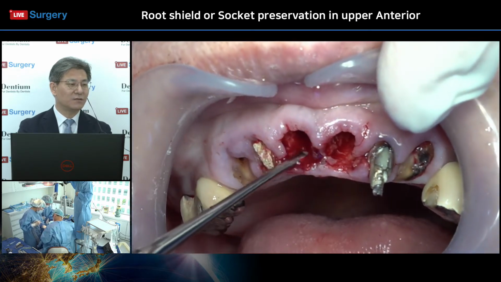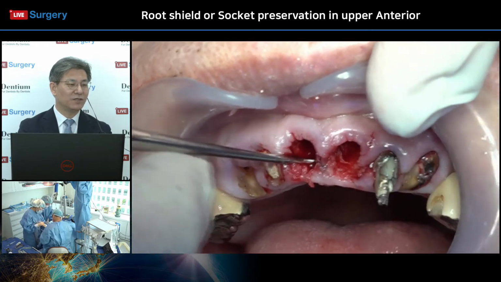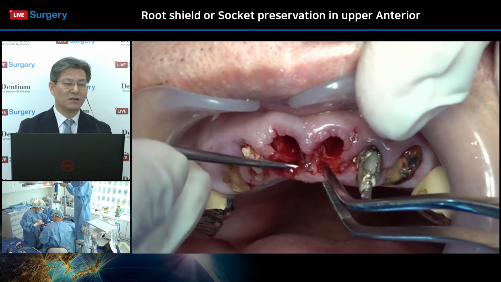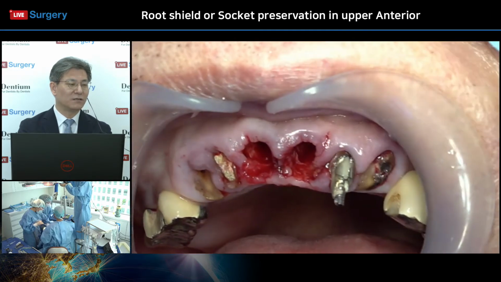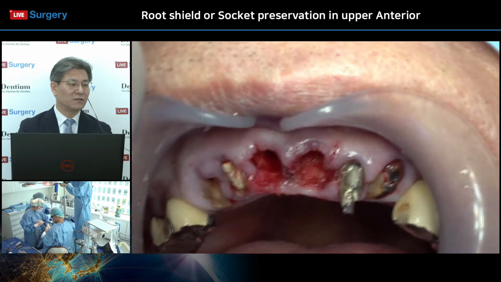Okay, so remove the remnant of the granulation tissues on the palatal side.